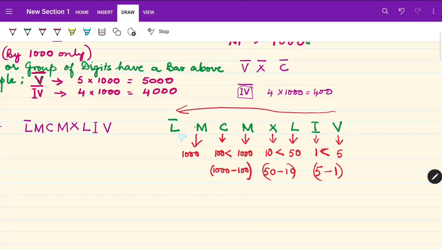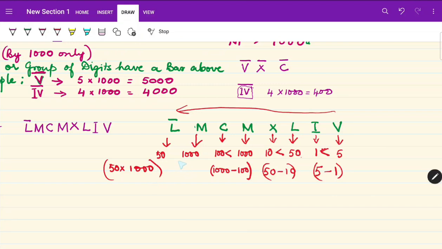L by itself has the value 50. However, because there is a bar above it, it means 50, but there's multiplication involved. Let me write that down. So we will go 50 multiplied by 1000. All right.